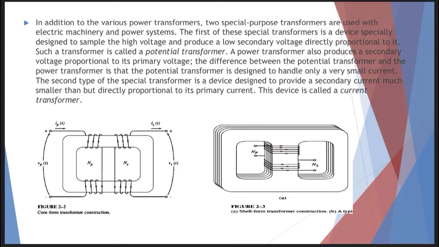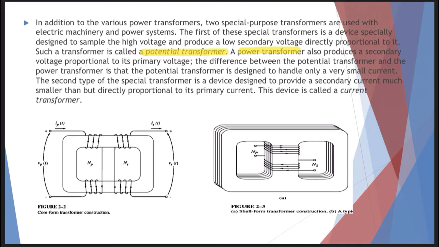Such a transformer is called a potential transformer. A power transformer also produces a secondary voltage proportional to its primary voltage.